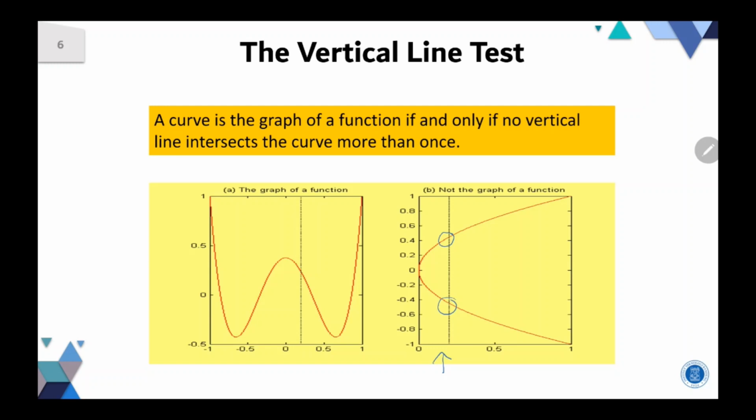But on the other side, you can see anywhere you take a vertical line, the intersection will be only in one point. So the one on the left is a graph of a function. So the vertical line test will easily tell you when a graph is representing a function or not.